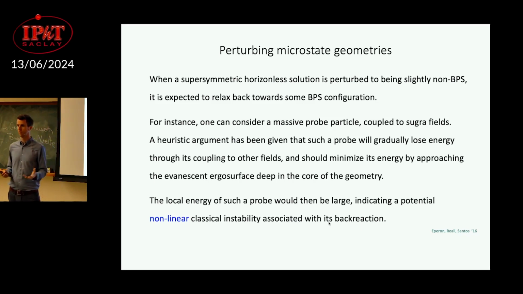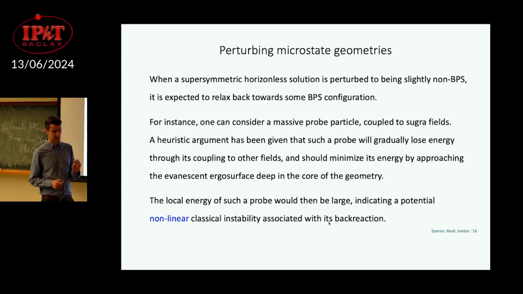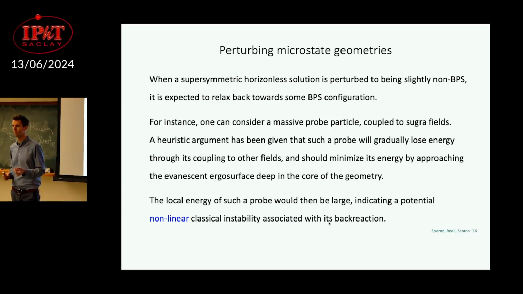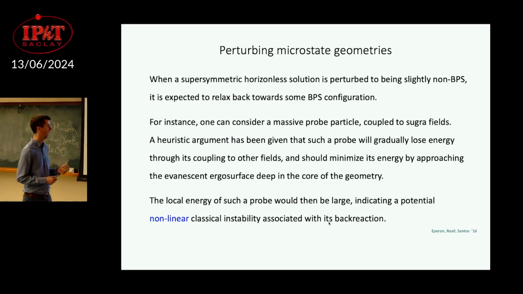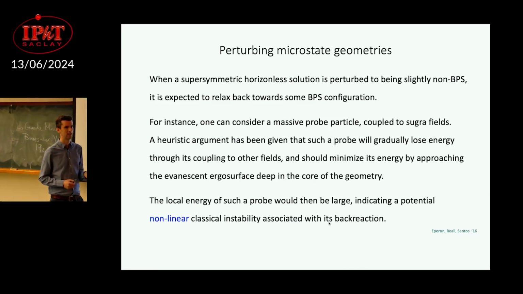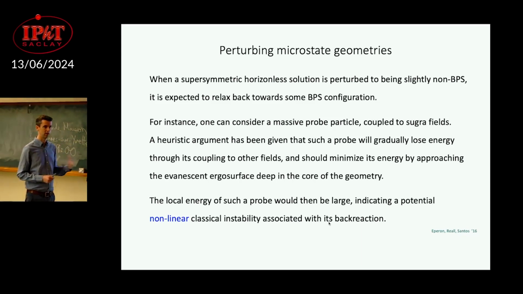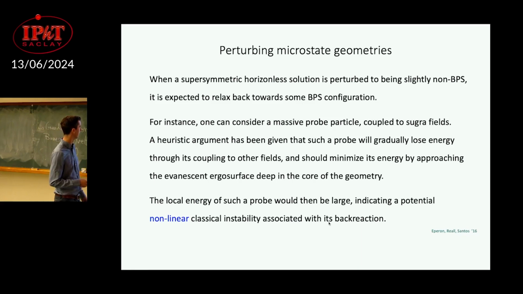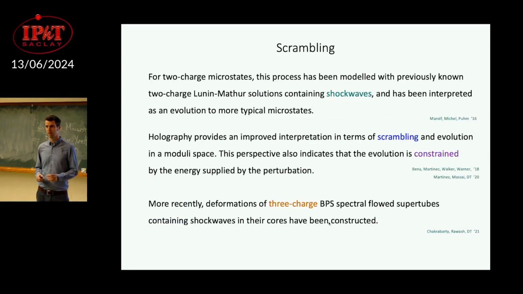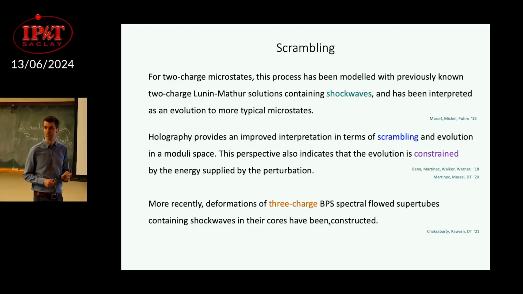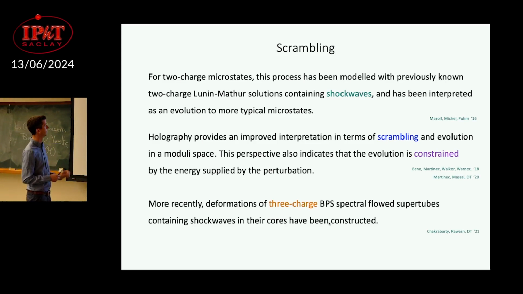Then where's the lowest energy place it can end up? It's localized near this evanescent ergo surface in the core of the geometry. As this approaches a null geodesic, the local energy will be very large, and that will indicate a potential nonlinear classical instability associated with this back reaction. That's a story in classical field theory, the language of the classical analysis. But I think a better terminology for this is scrambling. This is describing how these supersymmetric solutions scramble perturbations.